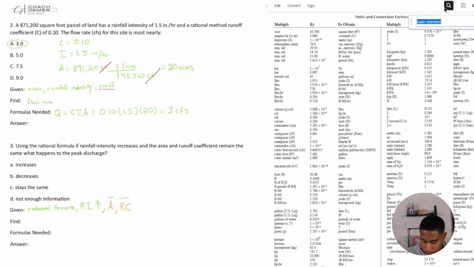So we have to see what happens to the peak. So find what happens to the peak discharge. All right, so the formula is needed. I think I'm going to need the rational formula.